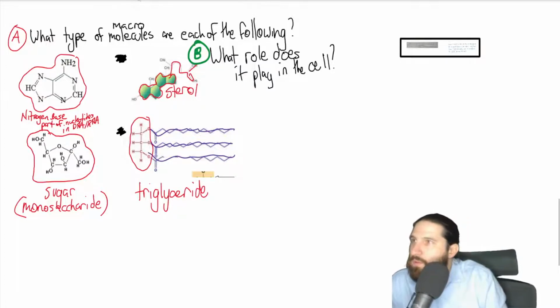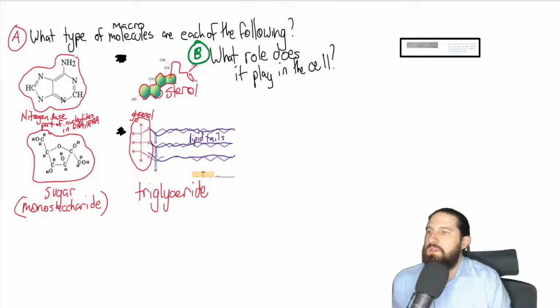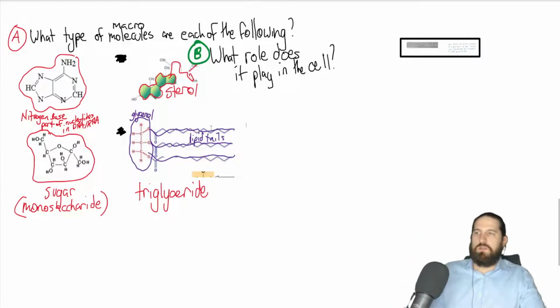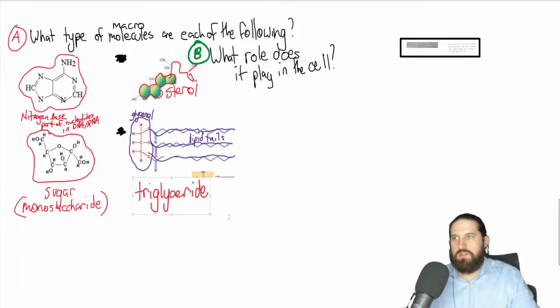Right, so that's our glycerol with our lipid tails. And so this is a triglyceride. Maybe I'll highlight this in purple. Those are the two different sections, but together it's a triglyceride. There's 3 of them, and it's on a glycerol.